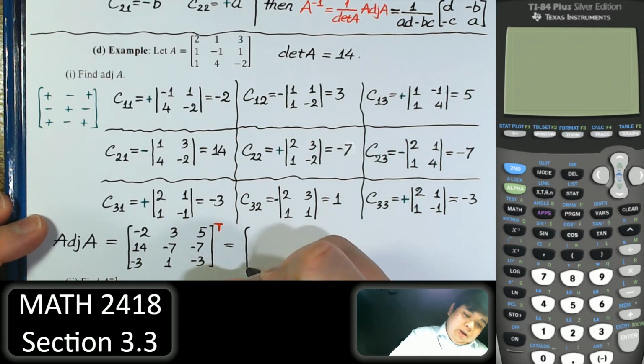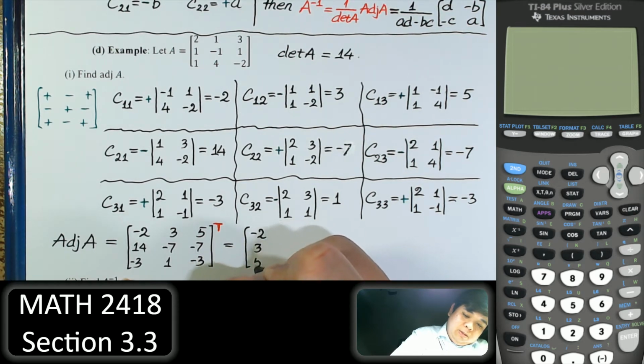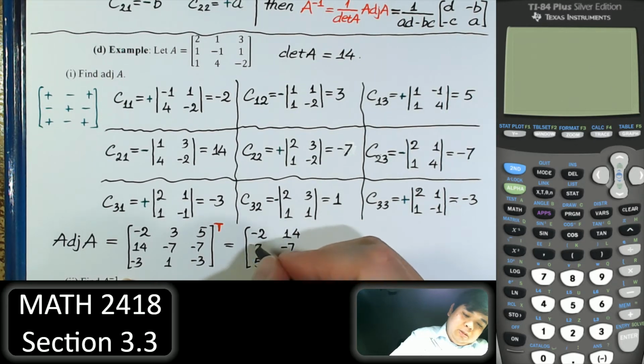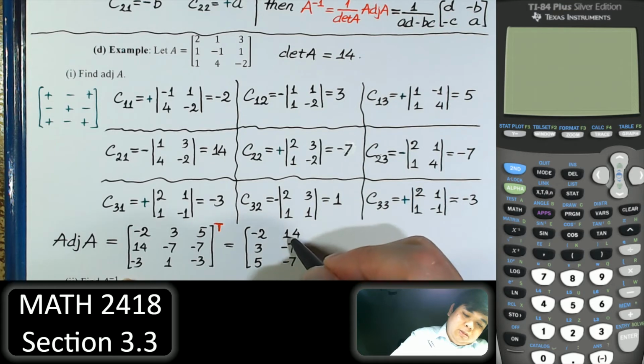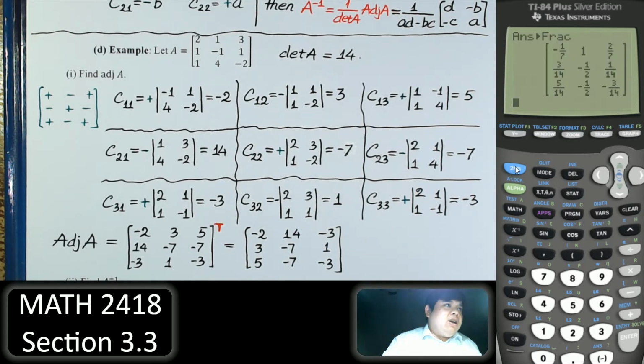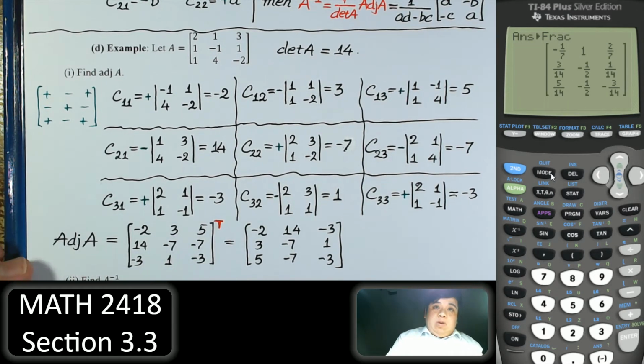So rows become columns. Right, so that is the adjugate of A.